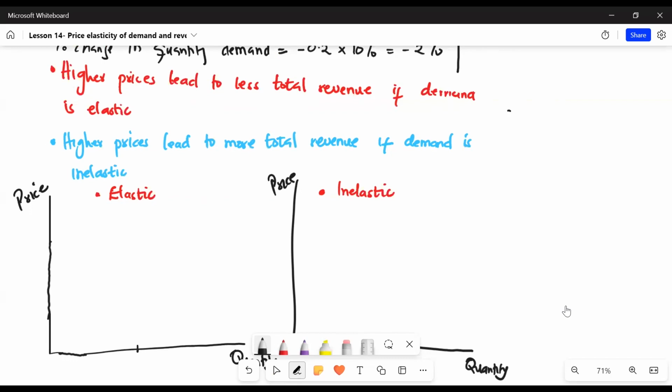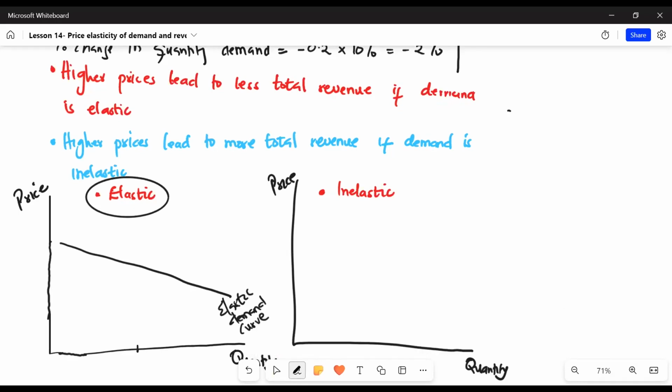Now, let's use curves to explain what we mean by this. We know from our previous lessons that if demand is elastic, the demand curve is flatter. So this is our elastic demand curve.